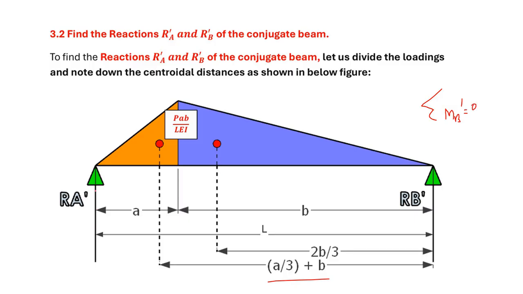What you will get is RA dash multiplied by the total distance L, and then for the triangular loading you find out the area of the triangle, which is the total load, and multiply it by, first for this triangle, x1 bar, and here you find out the area of the triangle, which is the total load, multiplied by x2 bar. So this is a simple phenomenon and is explained in the next slide.